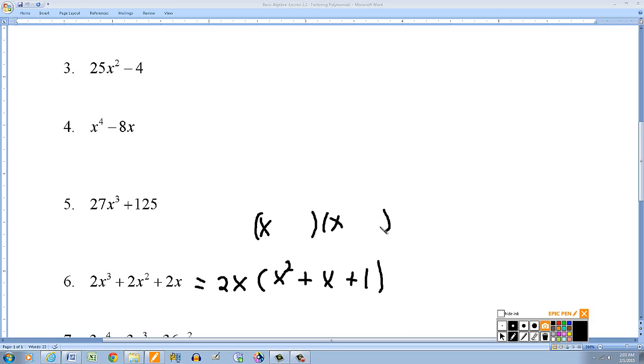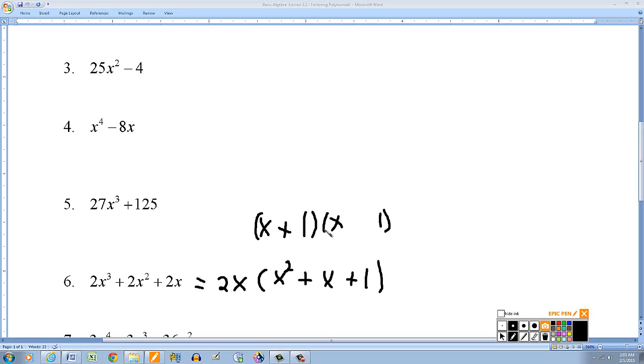And here's the deal. When you're factoring trinomials, assuming the first term has a positive sign, which it does, 1x squared, if the third term is positive, then both these signs here have to be the same. And they have to be the same as the middle term, which is plus. So the only factorization that I could have if this factors would be x plus 1 and x plus 1.